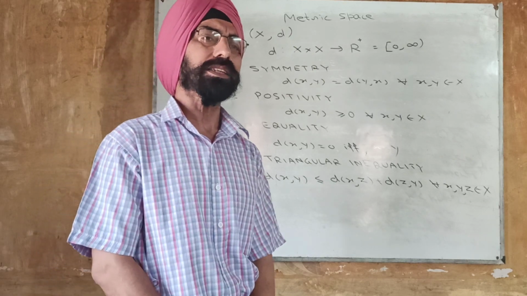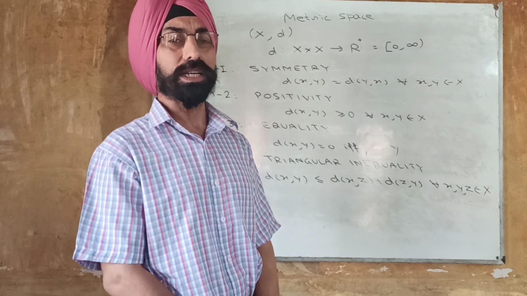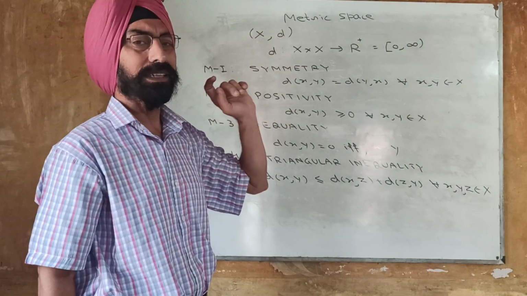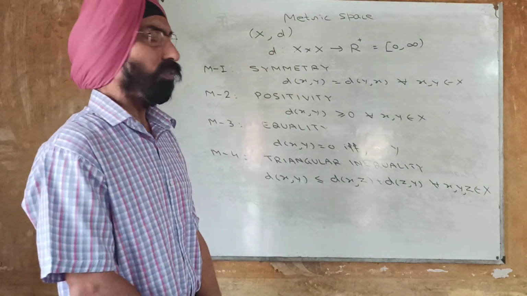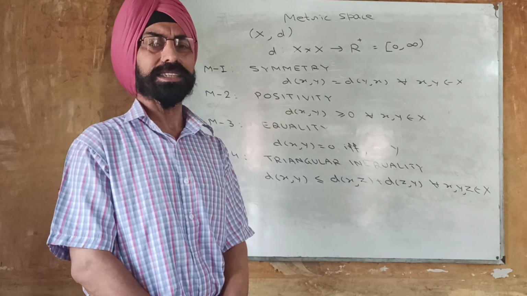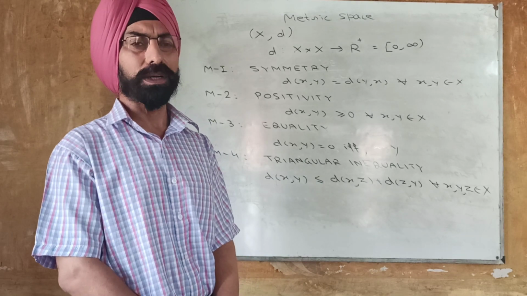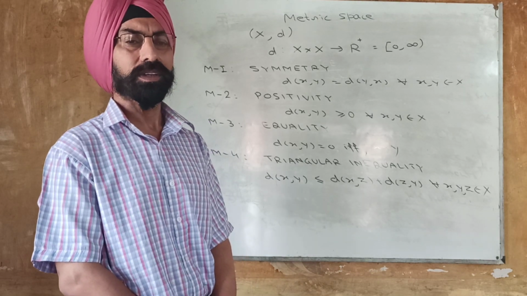Now the question is, why have we denoted this particular function, that is metric, by D? The reason being, these four properties satisfied by this function D are basically the properties of distance function.